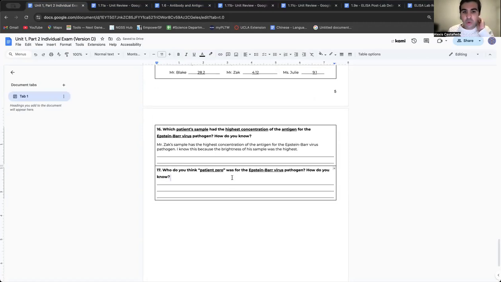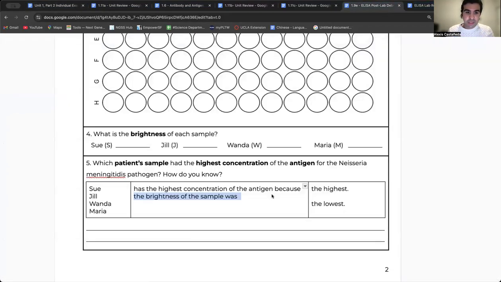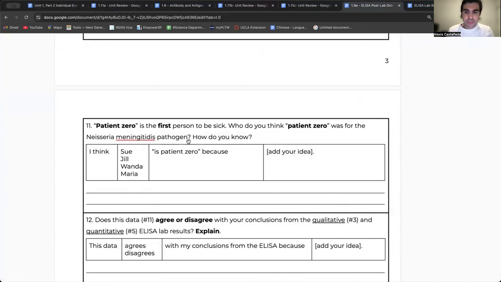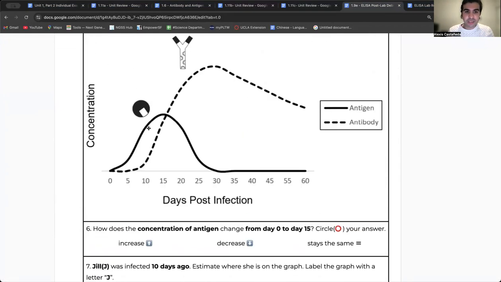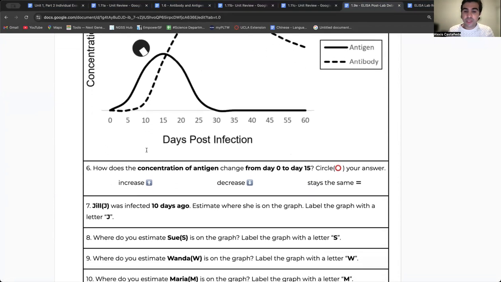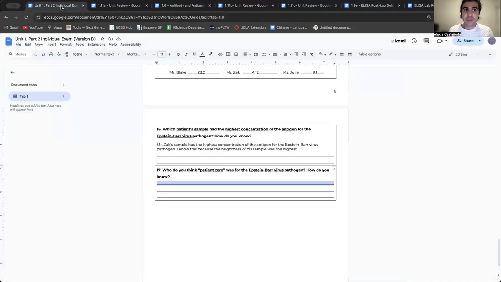And then finally, who do we think patient 0 was for the Epstein-Barr pathogen? If we look back here, we looked at patient 0. Patient 0 in that case was Jill because she had the highest concentration of the pathogen, which means she was the first person who had gotten sick. The pathogen has been reproducing inside of her for the longest. So in this case, Mr. Zach is patient 0.